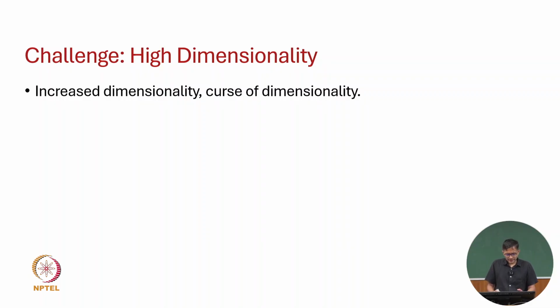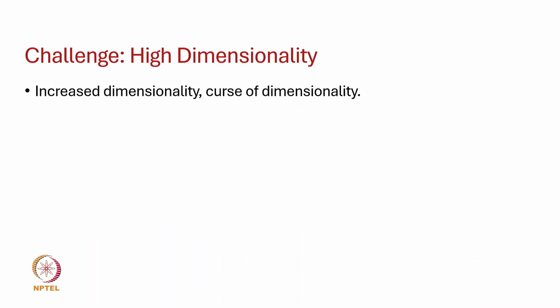let us try to reason a bit, in general terms, about the challenges involved in working with multispectral images. Here, as I said already before, sometimes we are even just working with RGB images.